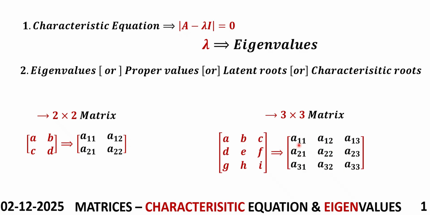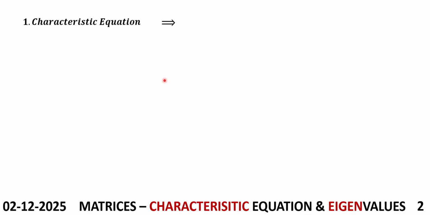We name the first row A11, A12, A13, the second row A21, A22, A23, and the third row A31, A32 and A33. Similarly, we can represent each element by A, B, C, D, E, F, G, H, I. Now we'll see how to write the characteristic equation for a 2 by 2 matrix, and then for a 3 by 3 matrix also.